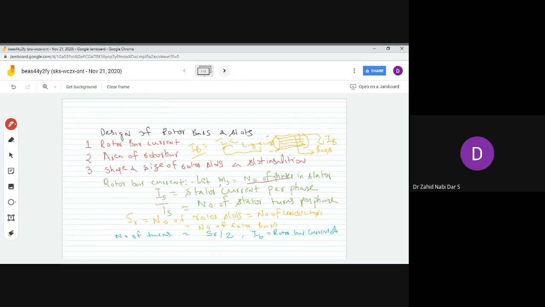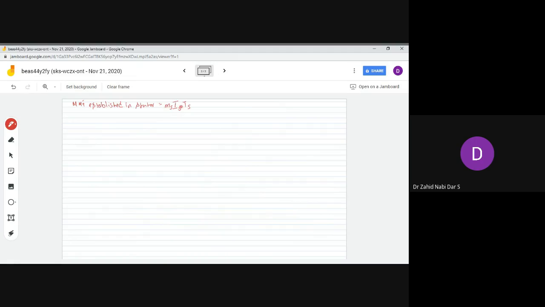So you have to substitute Ms, Is and Ts here. Now this is the MMF getting established in the stator.